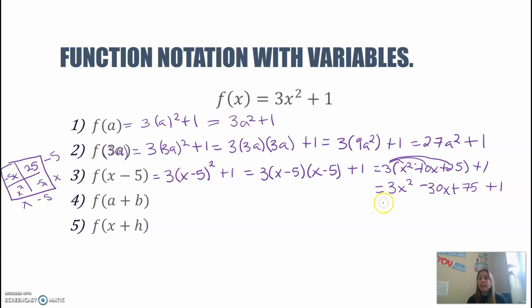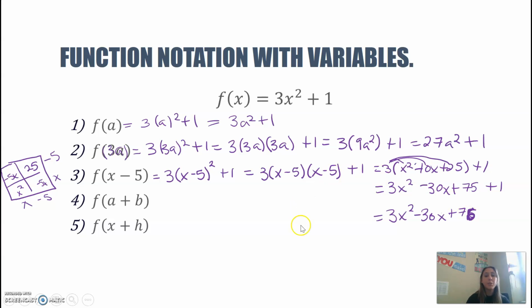Then we combine our like terms, and we end up with 3x squared minus 30x plus 76. Okay, so here's a really good example of a transfer problem.